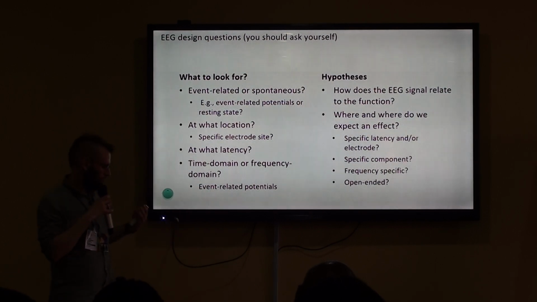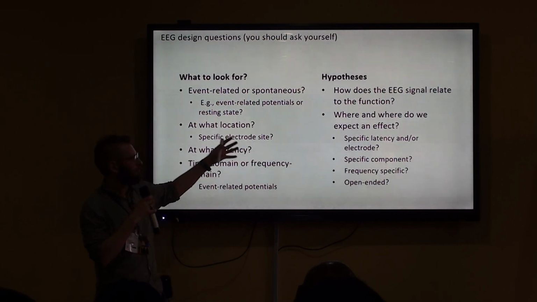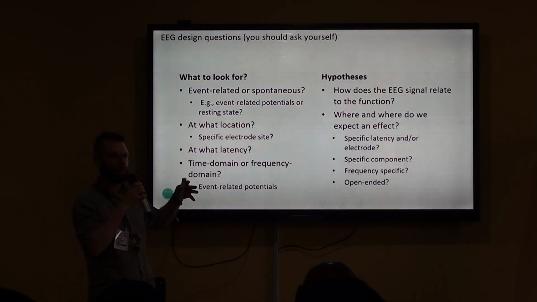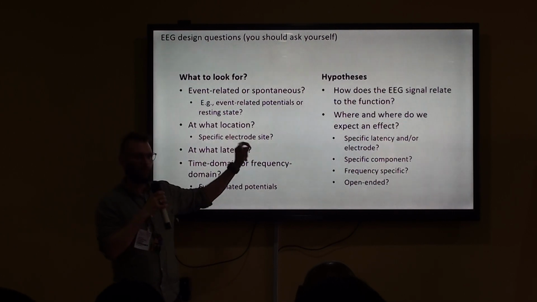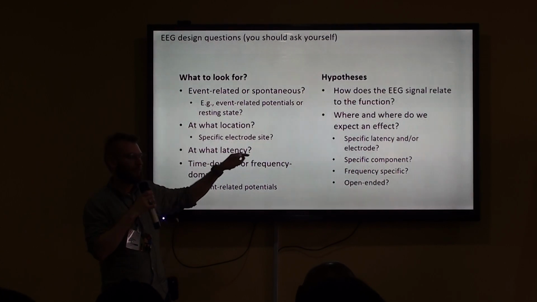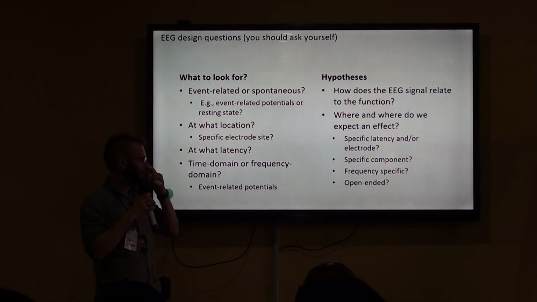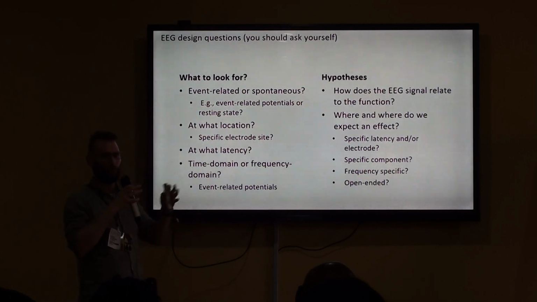And then we can start to formulate not just a hypothesis in the grand scheme about how things are different, but make it very concrete: specifically where would we see it? Do we see an effect on a specific electrode site, a specific kind of waveform component that we're looking for? Is it a specific frequency where we see something, or is it more open-ended?